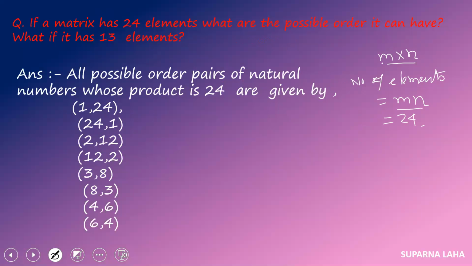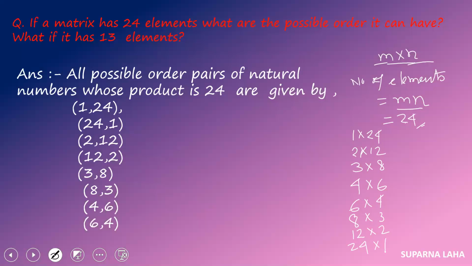Now we need to find possible m and n. So let's check m into n, that means 1 into 24 is 24, 2 into 12 is 24, 3 into 8 is 24, 4 into 6 is 24, again 6 into 4 is 24, 8 into 3 is 24, 12 into 2 is 24, 24 into 1 again 24.